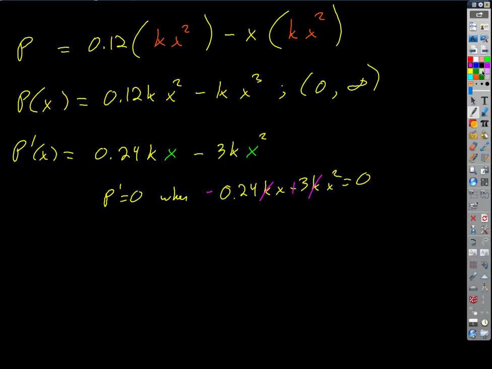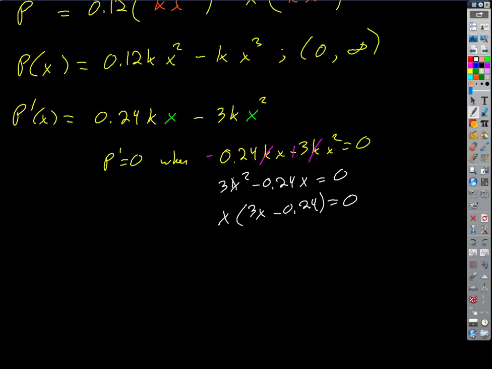I end up with 3x squared minus 0.24x equals 0. I can factor out an x, and then what am I left with? 3x minus 0.24. So what are my first derivative critical numbers?